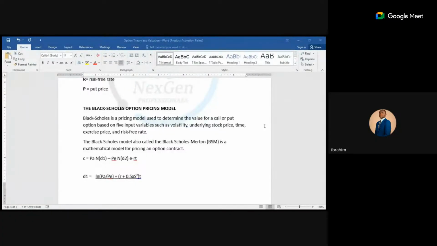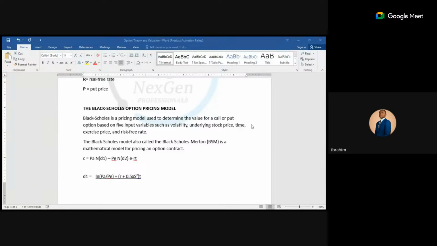Class, in determination of the call and put option value, using the 5 variables, these 5 variables still affect the Black-Scholes model. The question is how?